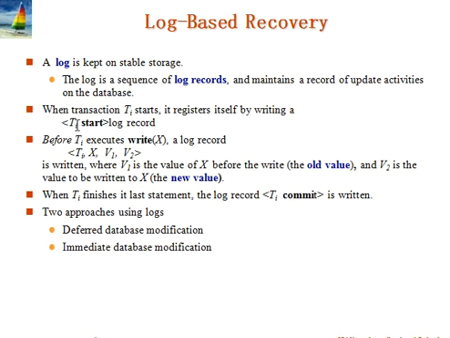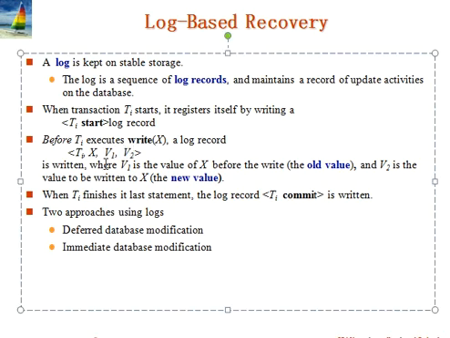TI, Xj, V1, V2 means the transaction TI has performed a write on data item Xj. Xj had the value V1 before the write, and will have the value V2 after the write. TI commit means the transaction TI has committed. TI abort is the fourth one, meaning the transaction TI has aborted.